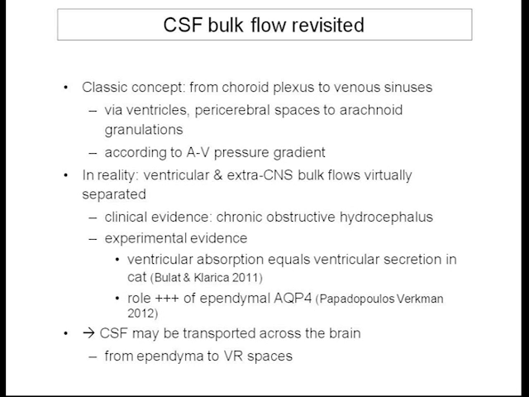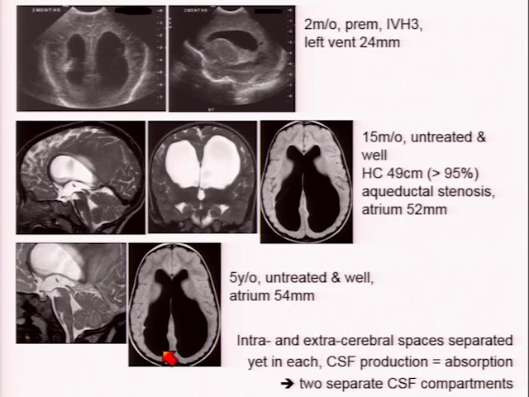If you have an occlusion of the aqueduct, still you're producing CSF around the brain. There is some experimental evidence in the cat, where it was shown that the ventricular absorption equals the ventricular secretion. They instilled radiomarkers into the ventricles, and everything was absorbed by the brain and didn't reach the cisterns. And there is a consequence I told you about before: the CSF may be transported across the brain from ependyma to Virchow-Robin spaces.